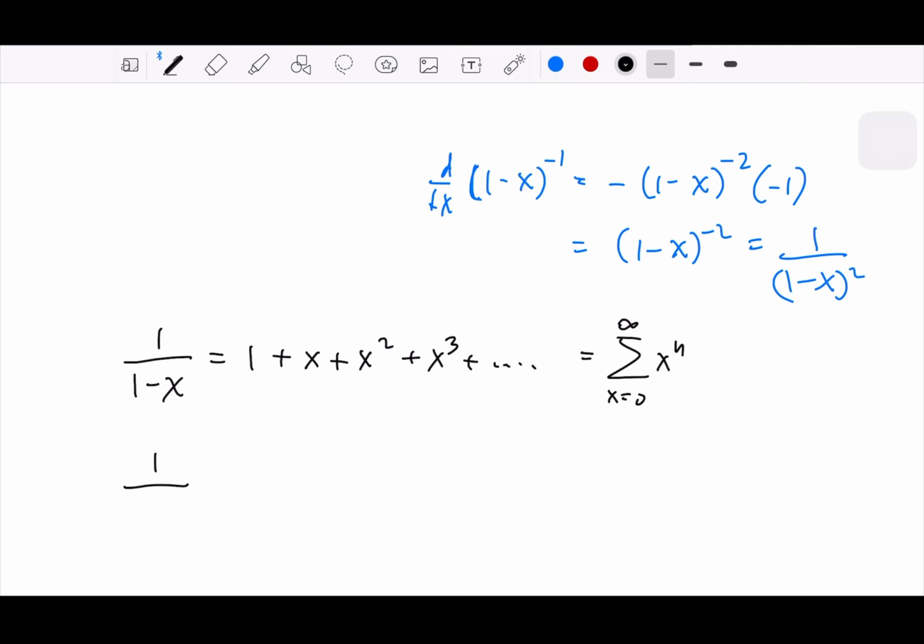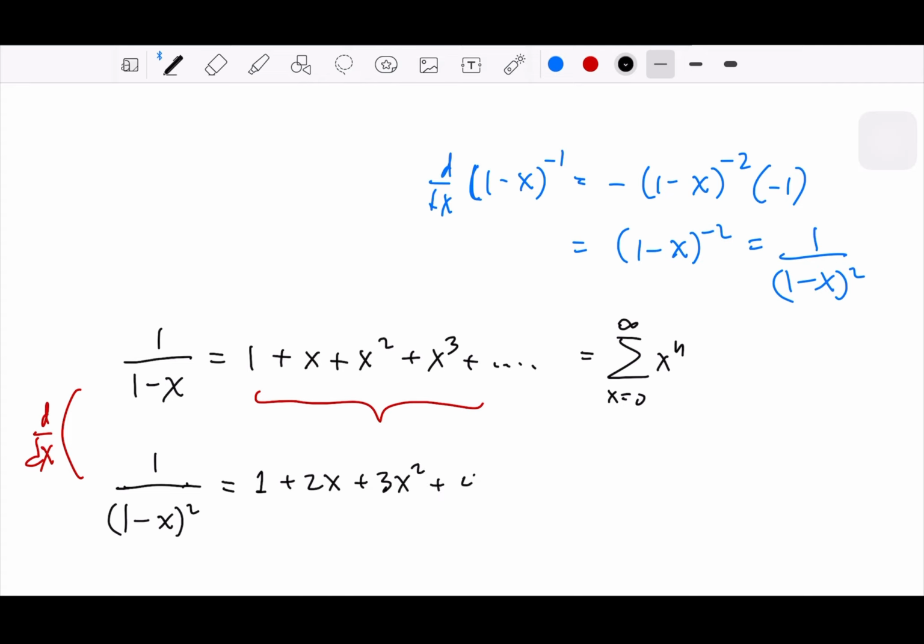Now, this means we can derive the whole thing, the expansions. So we derive, and we can start from 1 plus 2x plus 3x squared, right? Plus maybe 4x cubed, and then we can also derive the sum.